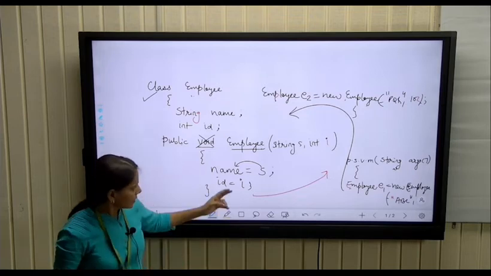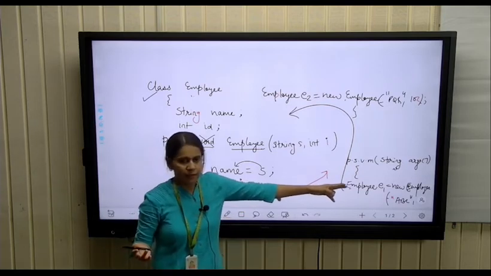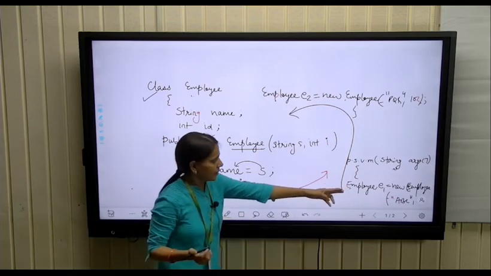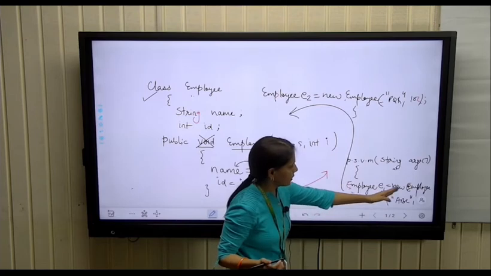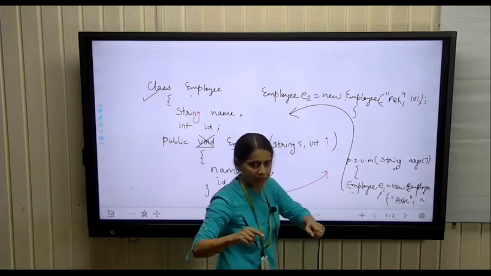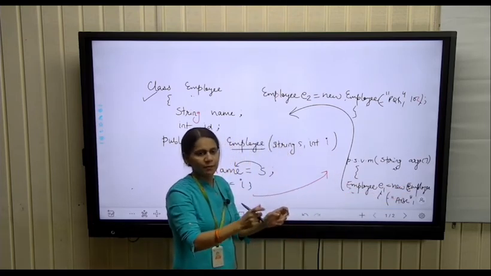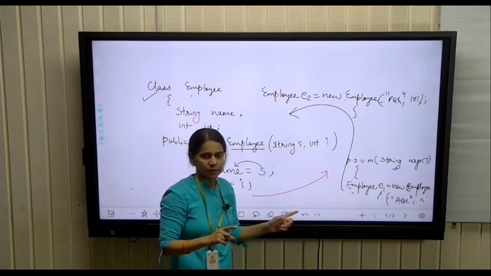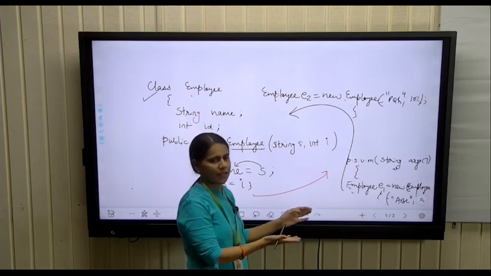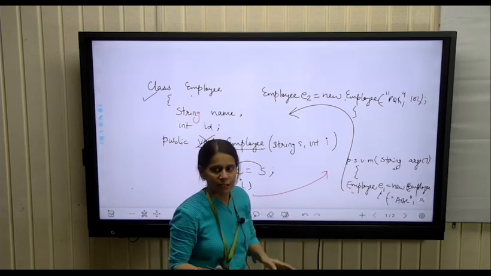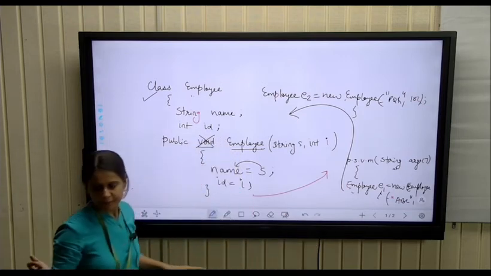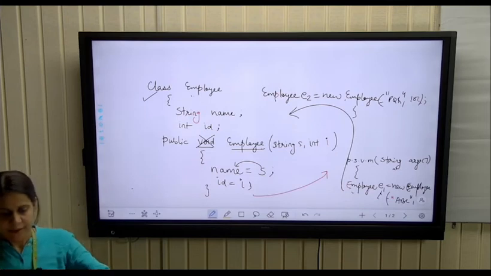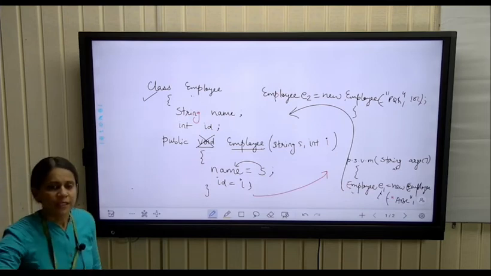Employee e1 is equal to new Employee, then brackets. That new Employee bracket is the syntax to create the object, and that will be created automatically in Java. Clear? Okay, next is types of constructor.